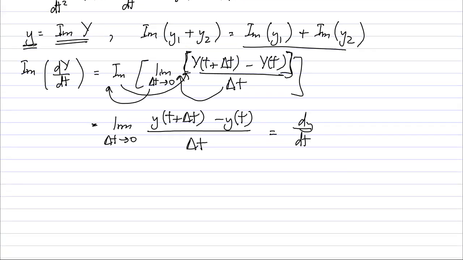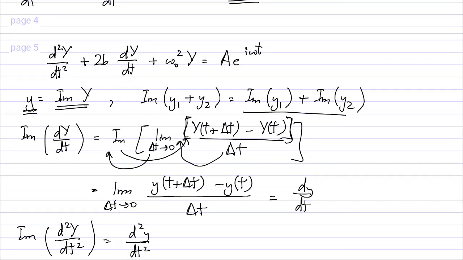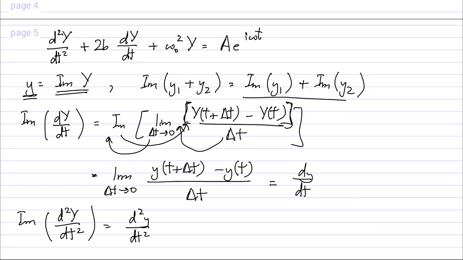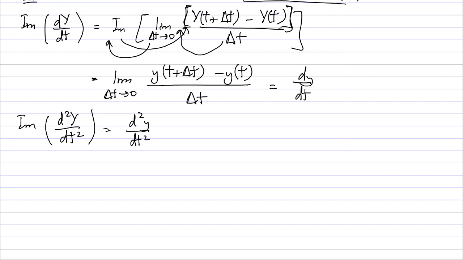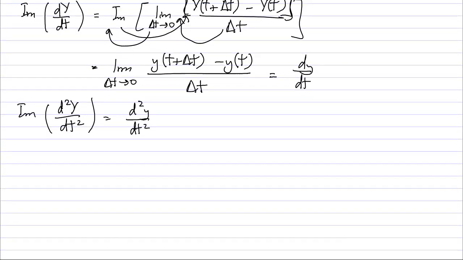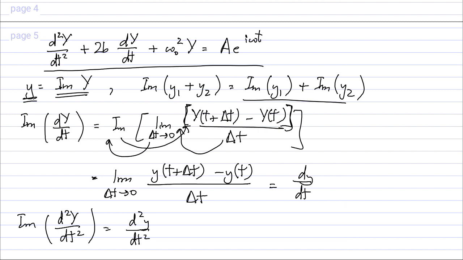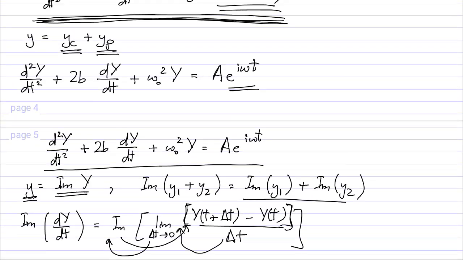And by exactly the same logic, the imaginary part of d2Y by dt2 is the double derivative of the actual physical displacement. So if I consider this equation and take the imaginary part on both sides, using these properties I've just derived, I'll end up with the double derivative of small y plus 2b multiplied by the single derivative of small y plus omega naught square multiplied by small y is equal to a multiplied by sine of omega t, which is exactly your original equation.